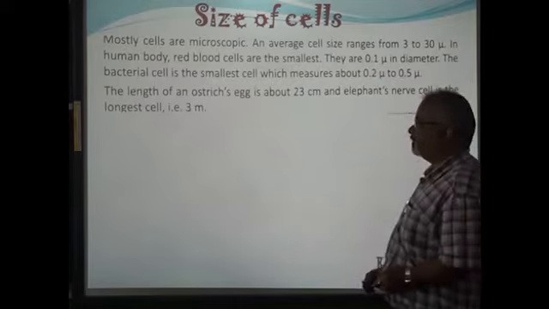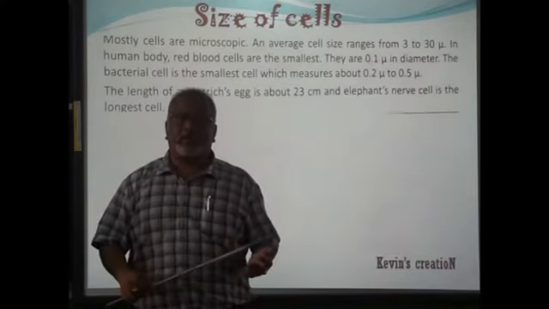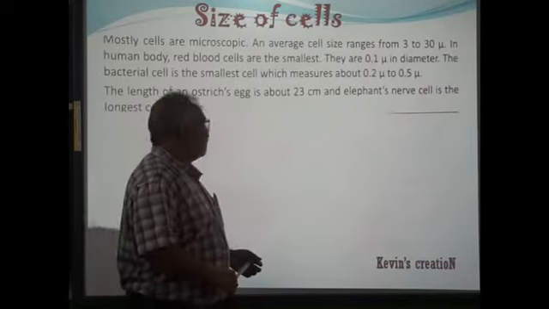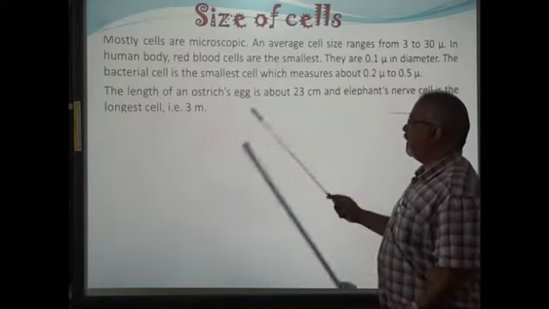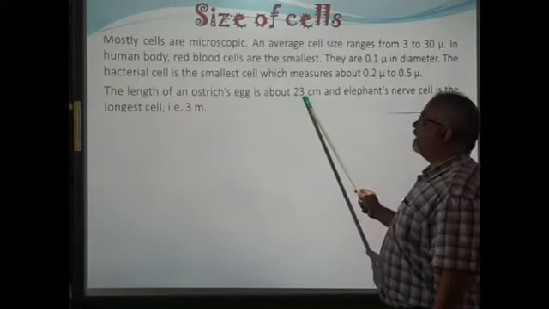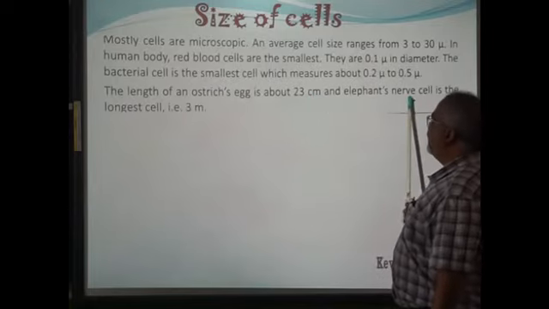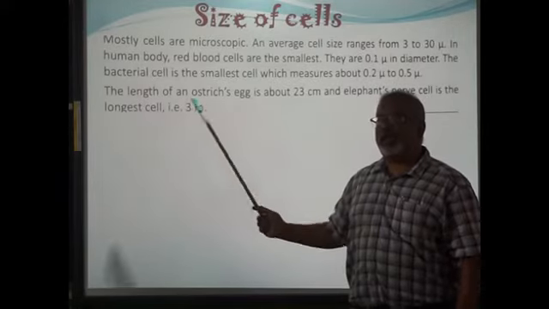But not all the cells are very small. Some are big also. Egg also is a cell. When we talk about the ostrich egg, you must have seen an ostrich, it is about 23 centimeter. And the elephant's nerve cell, which is the longest cell, could be 3 meters.